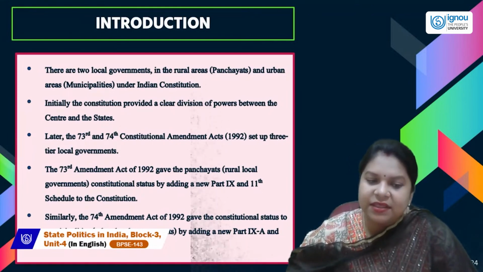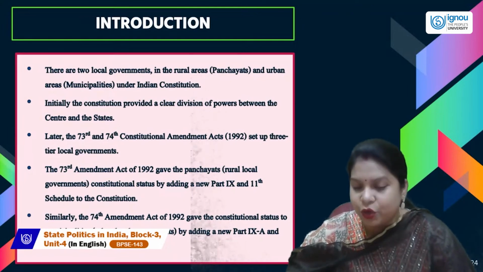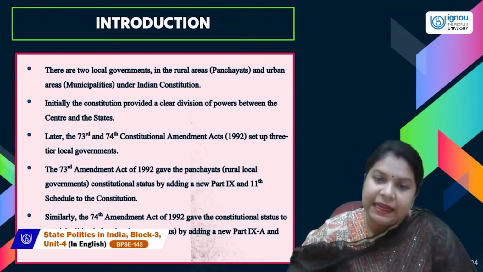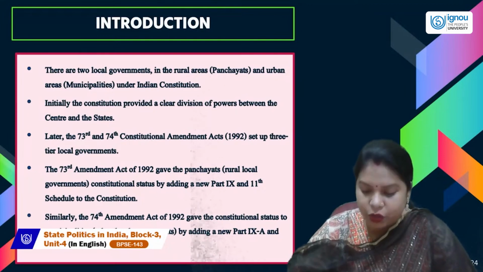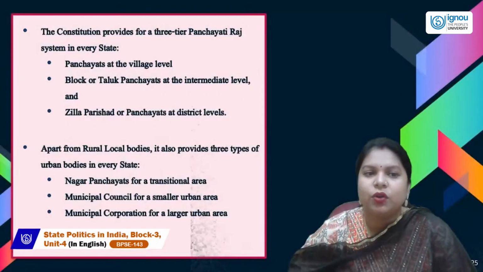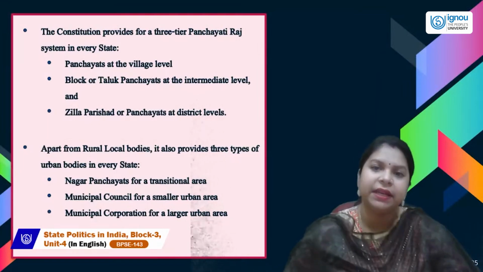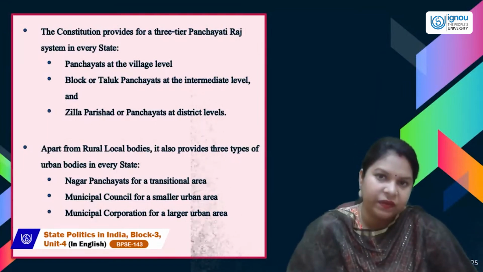Similarly, the 74th Amendment Act 1992 gave constitutional status to municipalities by adding a new Part 9A and the 12th Schedule to the Constitution. The Constitution provides for a 3-tier Panchayati Raj system in every state, as we learnt in our previous slide.